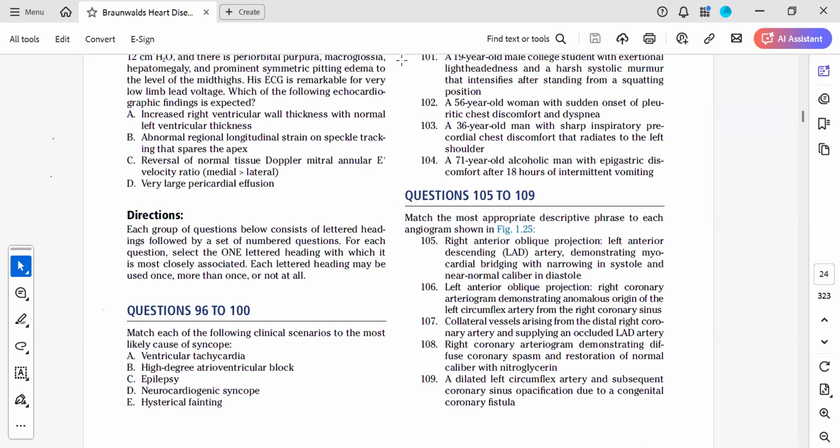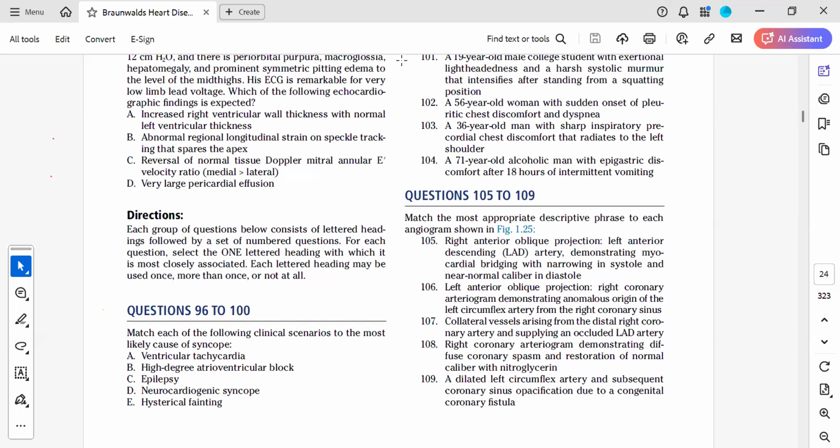So myocardial bridging is something that occurs when the coronary artery traverses muscle. So as the muscle contracts, it impinges on the vessel, and then as the muscle relaxes, which occurs in diastole, that pressure on the vessel is relieved. So then it regains its normal caliber.